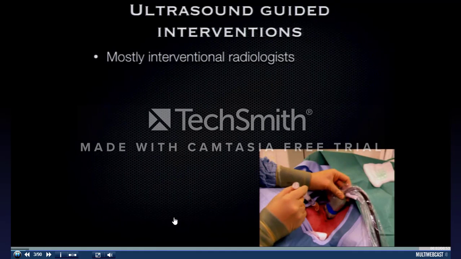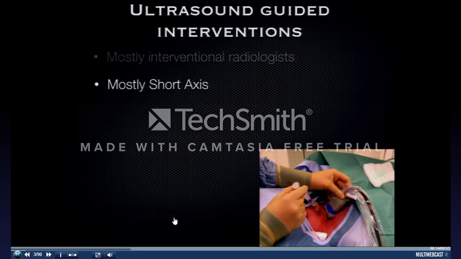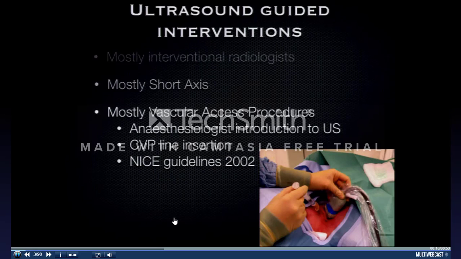Ultrasound-guided interventions were actually more established amongst radiologists. They were the first ones with ultrasound, and maybe some of the cardiologists as well. They would use a lot of short axis views when they performed their procedures, because most of their procedures were based around vascular access.